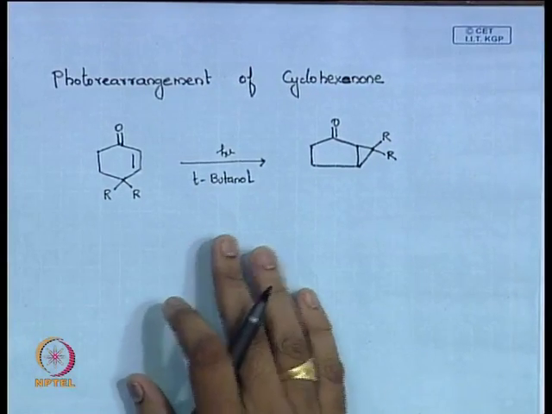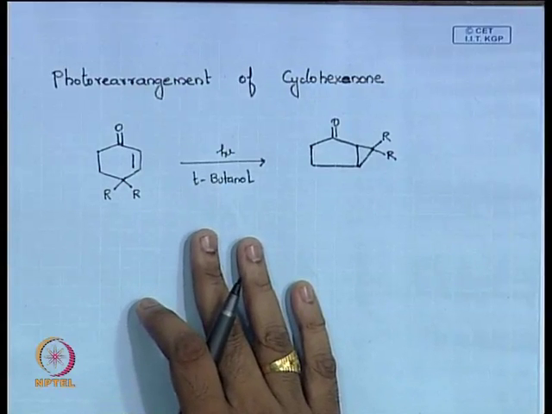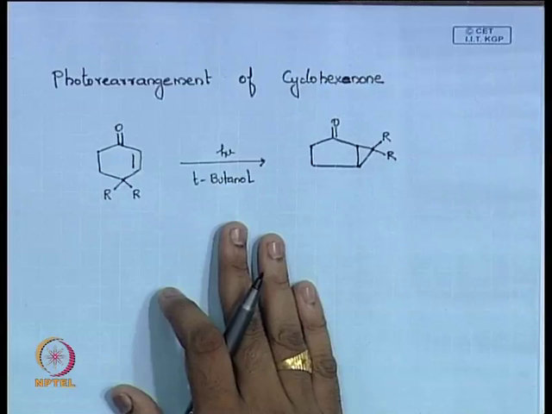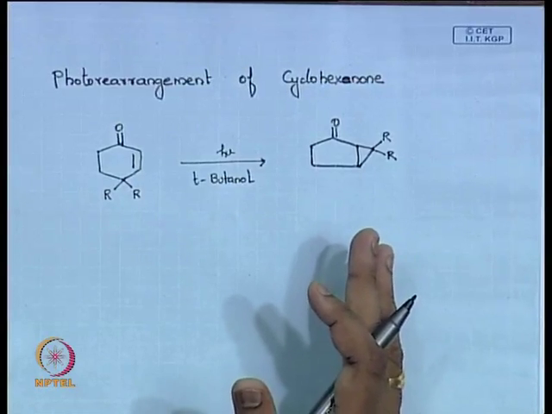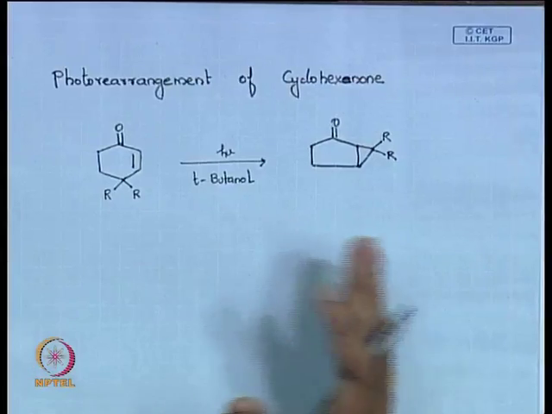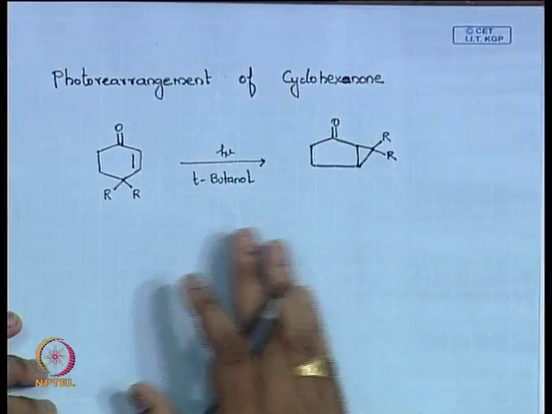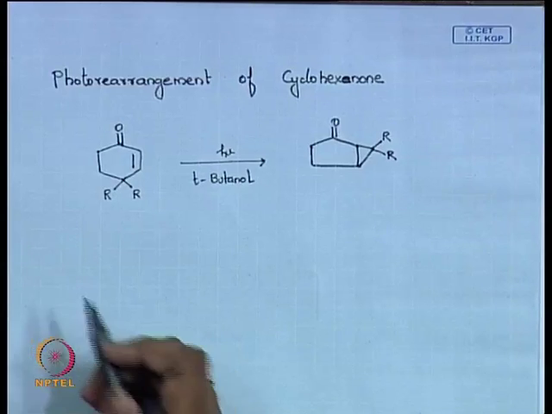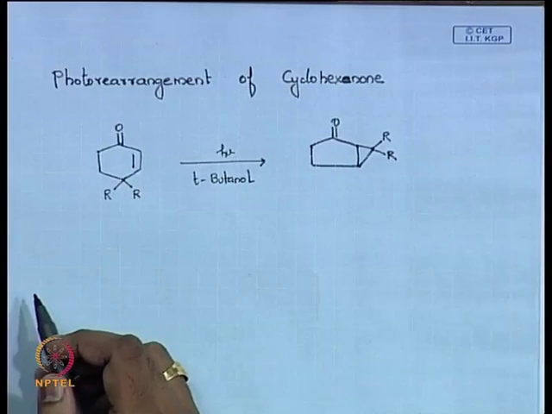This is a very common photorearrangement, like your di-π-methane rearrangement; this is also very common in photochemistry. You take a cyclohexenone system and photolyze it in the solvent tertiary butanol, and you get this type of rearrangement. Fine. So, we will just see how the mechanism works on this.